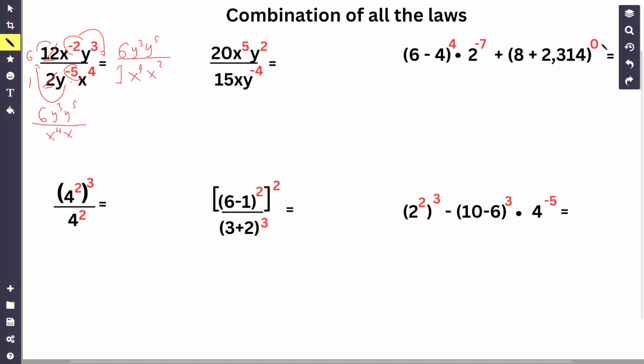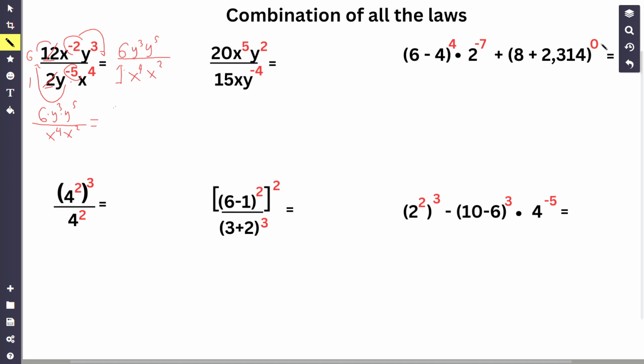And take note that this means multiplication, right? When you see two consecutive variables, that means multiplication. So this is 6 times y raised to 3 times y raised to 5, and then x raised to 4 times x raised to 2. And this, we will apply the product rule. And product rule of exponent, what do we do again? We just add the exponents.